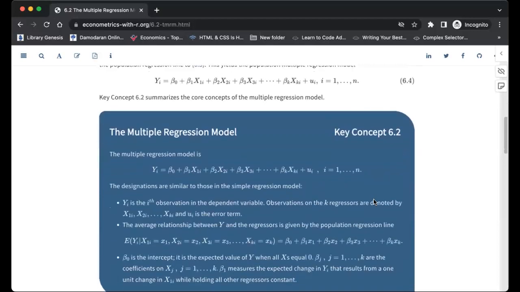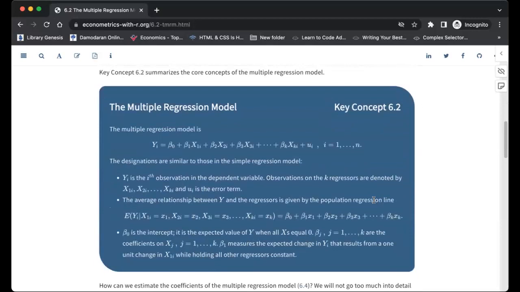So key concept 6.2 summarizes this. The multiple regression model is yi equals beta 0 plus beta 1 x1i up to beta k xki plus ui, where i is from 1 to n.